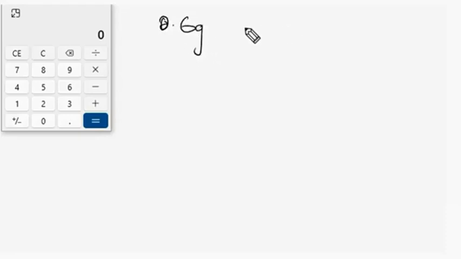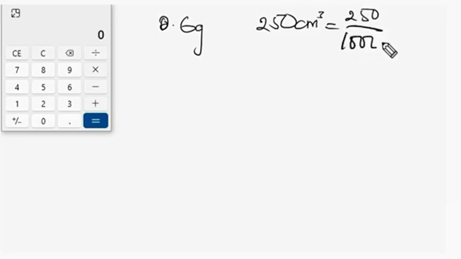So the volume is 250 cm cube. But guys, this 250 cm cube has to be converted to dm cube, and that's 250 over 1000.